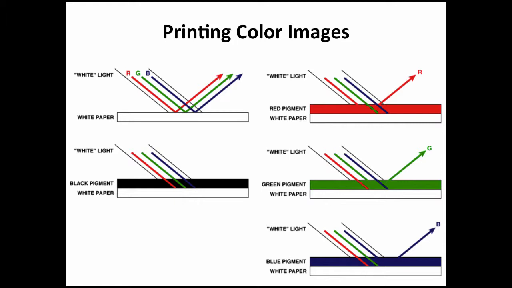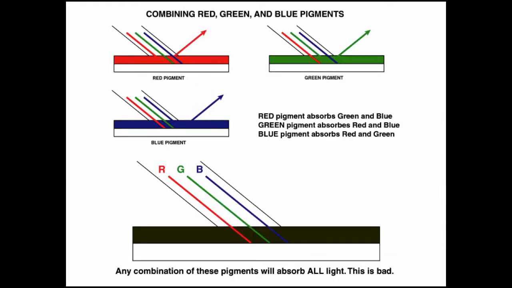So, for example, the chemicals in a red pigment absorb both green and blue light, reflecting only red light back to the eye, and therefore the eye perceives that surface as being red in color. Similarly, green pigment absorbs the red and the blue wavelengths of light, reflecting only the green, and a blue-colored pigment absorbs red and green light and reflects only the blue light to your eye.